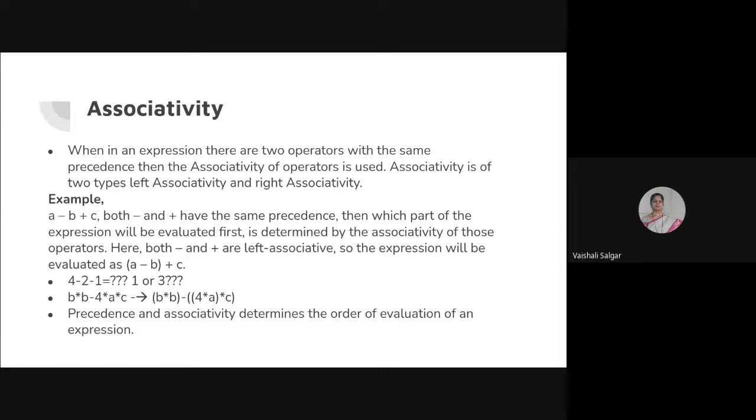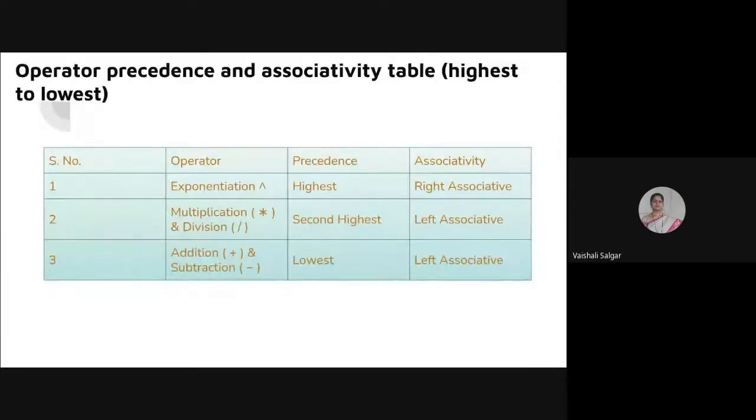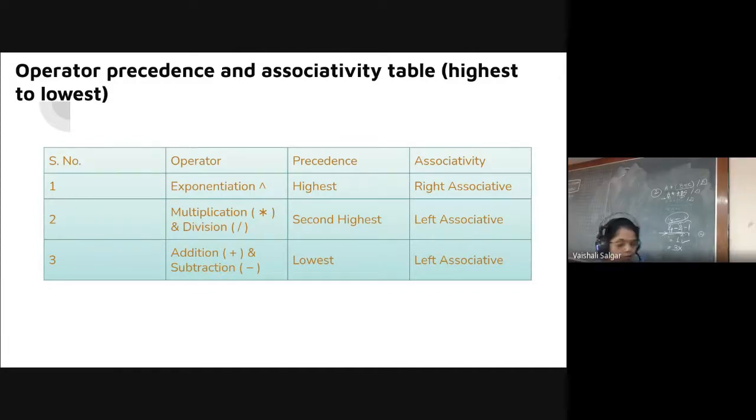Whereas what is a right associative operator? That is your exponential, which has the highest precedence, and it has to be right associative, meaning it is evaluated from the right. What do I mean by this?